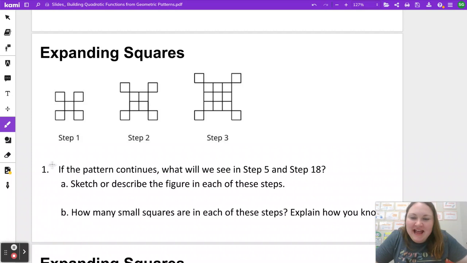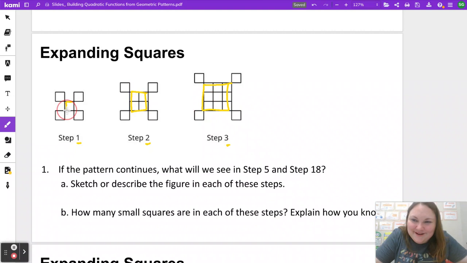All right. One of the strategies you can use as you're looking at these patterns is seeing if you find any connection between the step number and what you're looking at. So for example, for step 3, I noticed that in the center of this pattern, I've got a 3 by 3 square right there. And that's true for all of them. Step 2, I've got a 2 by 2 square.